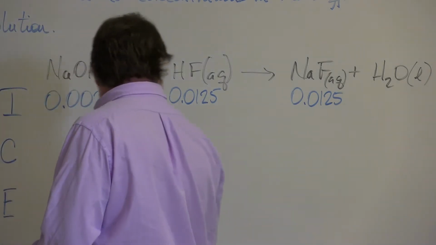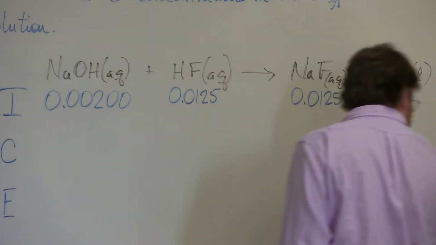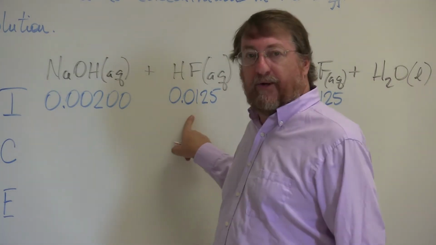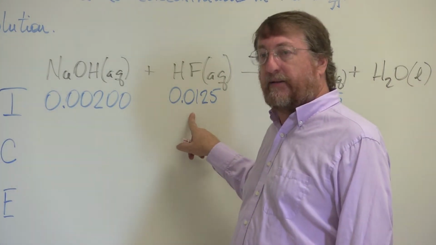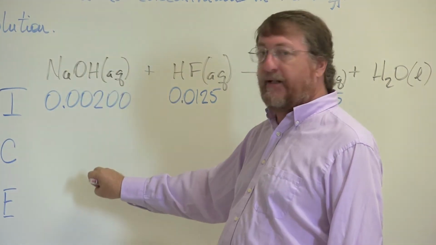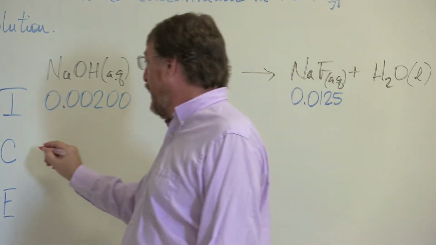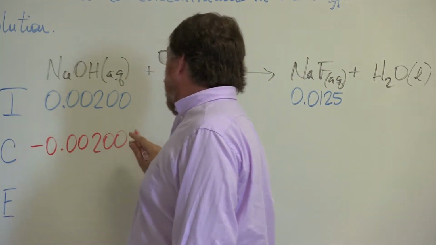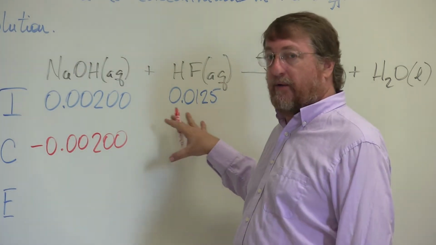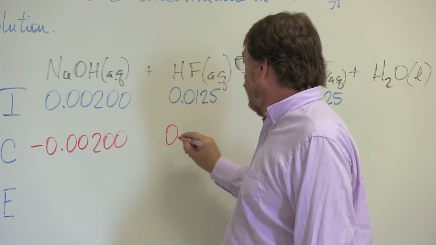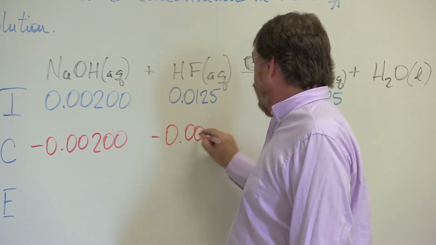Let's go through and look at the change. These two are going to react with each other. Bases react with acids. The limiting reactant is the sodium hydroxide, so we're going to completely neutralize the sodium hydroxide in this reaction. So minus 0.002. When that happens, it's going to take out an equal number of moles of HF since the reaction's 1 to 1. So this is going to be minus 0.002.